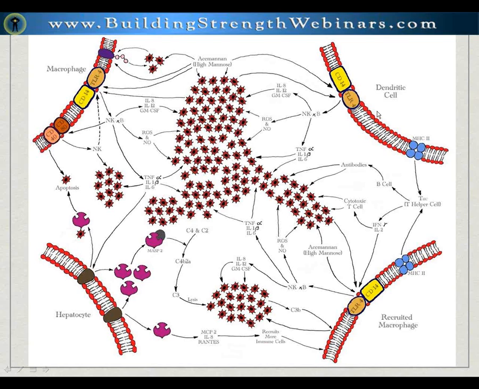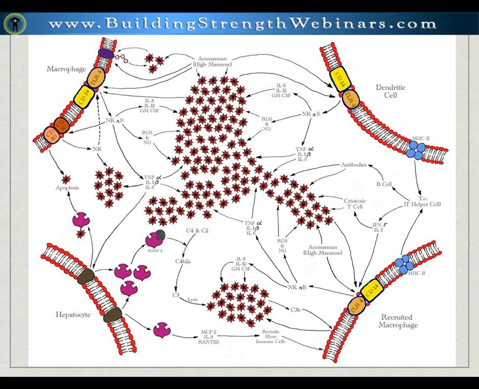So all of these cells work in harmony. This is nature's way of destroying cancer cells. You have to have tens of thousands of cancer cells before they can even be detected. It's been estimated that young children have around 10,000 new, potentially atypical cancer cells every day, whereas adults have about 5,000.